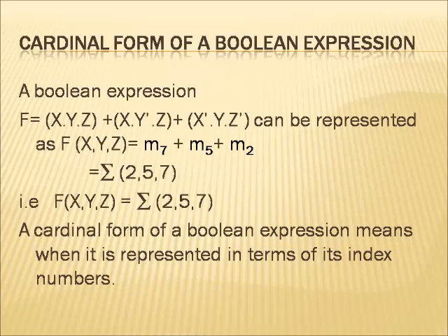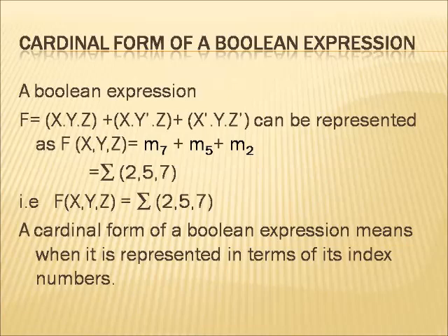Now see the second one, that is x dot y bar dot z. So we can say that 101 because x means 1, y bar means 0, z means 1. So 101 in binary stands for 5. So we can say it is m5 plus. Then the third one, it is x bar dot y dot z bar.